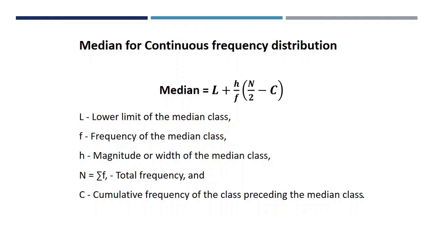The class corresponding to that cumulative frequency is the median class. L is the lower limit of the median class and F is the frequency of that median class, H is the magnitude or width of the median class, found using the upper limit minus lower limit of that class, N is the total frequency and C is the cumulative frequency of the class preceding the median class.